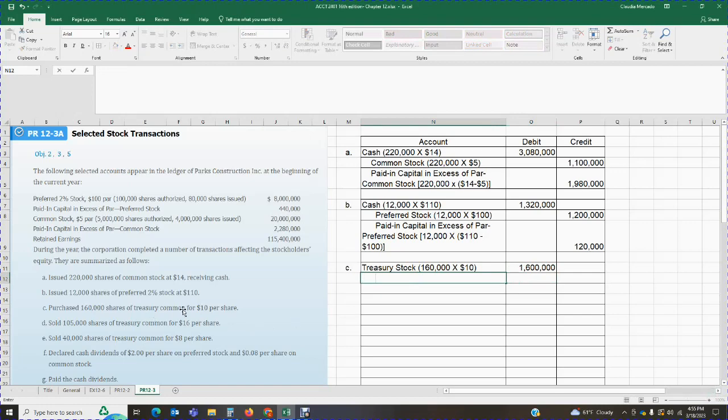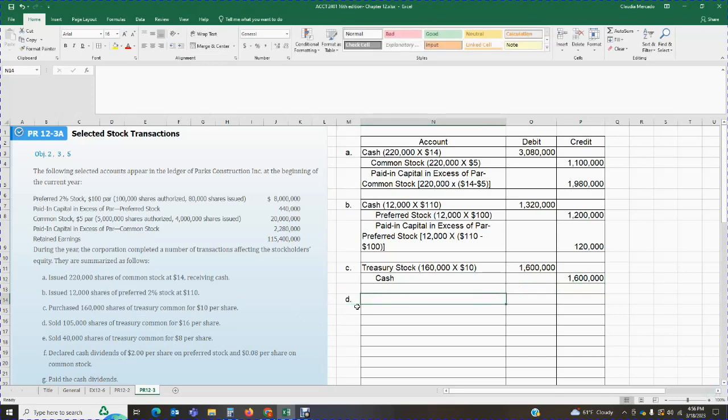We bought the stock back, so we gave them cash and they gave us treasury stock. So my cash is going to decrease by the 1,600,000, and now I have more treasury stock in my books. That is transaction C.